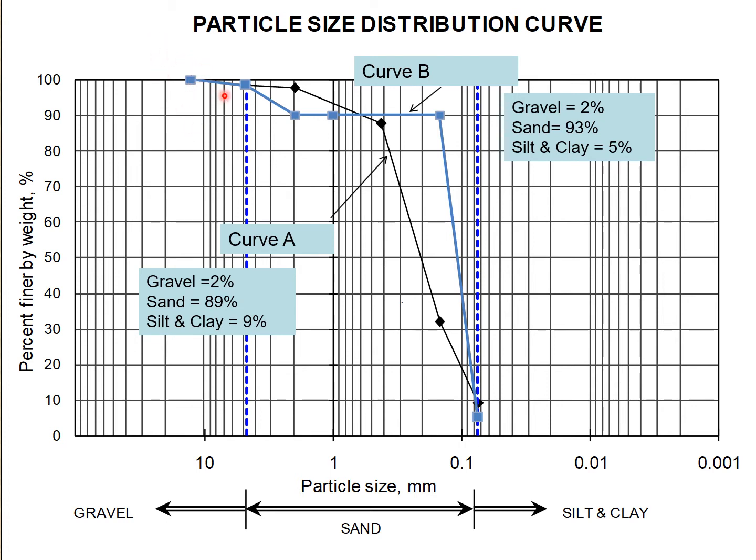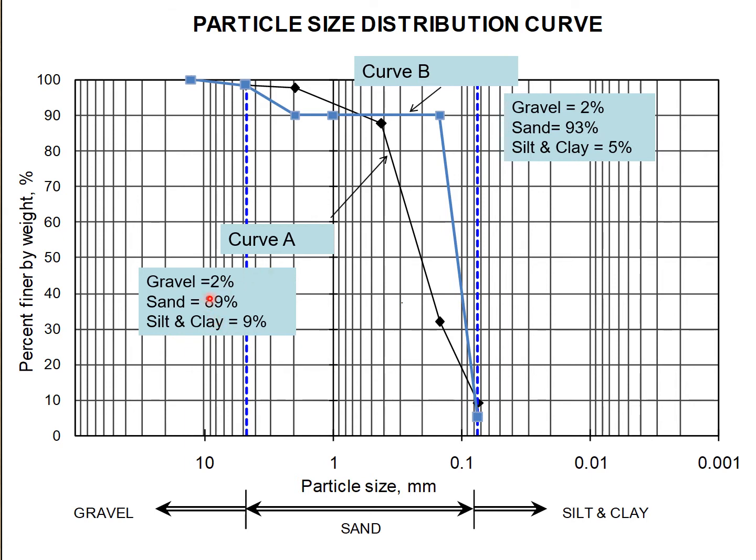You can see this one, the black color grain size distribution curve, curve A, and you can see the curve B, which is in the blue color, and the different fractions that we are having.